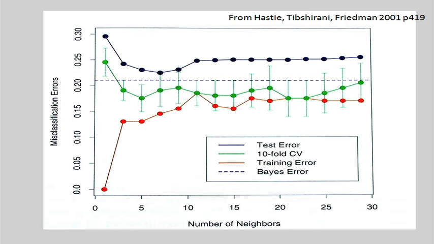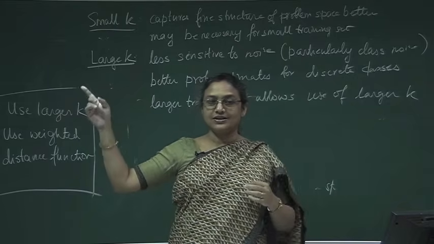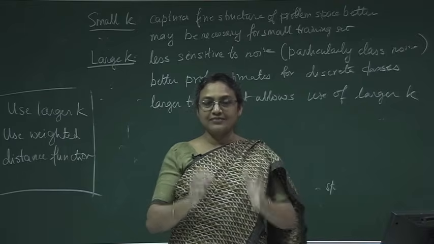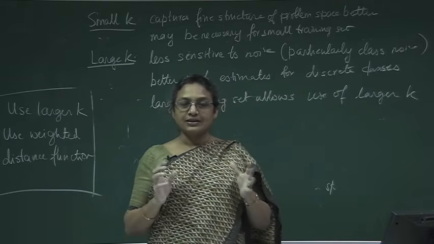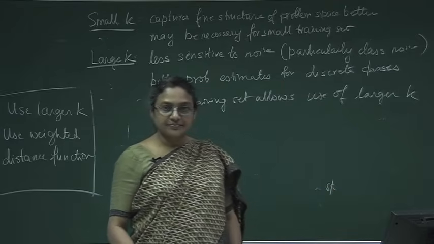In this example, the error is smallest at around k equal to 5 or 7. For small k the error is high, for large k it also increases, and at some middle value of k you have the best performance if you look at the test error.